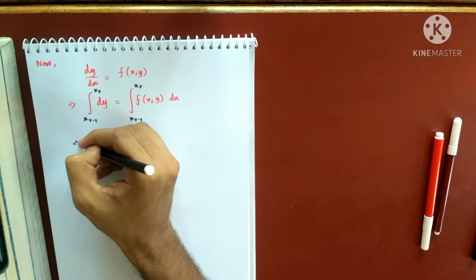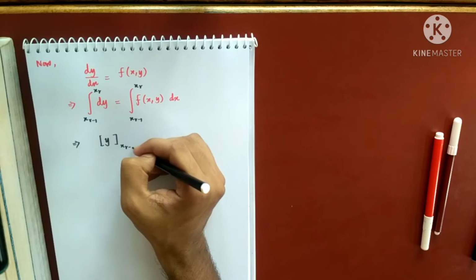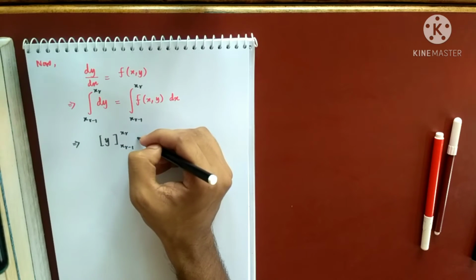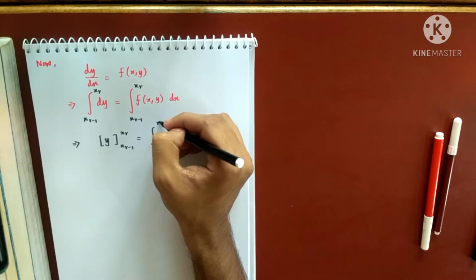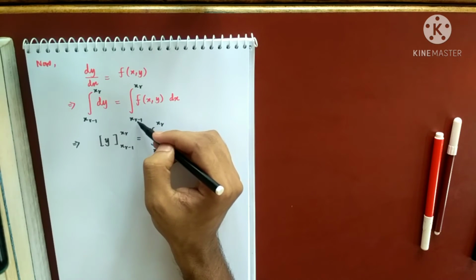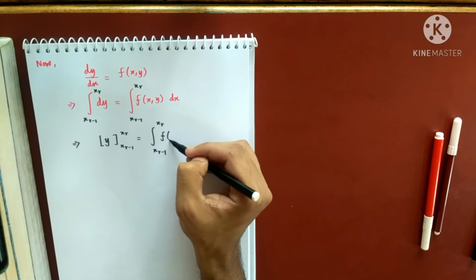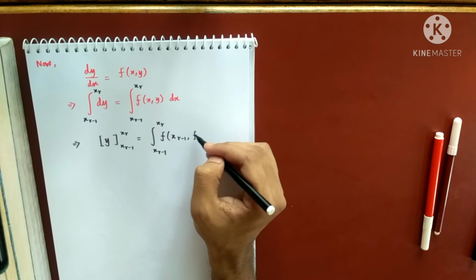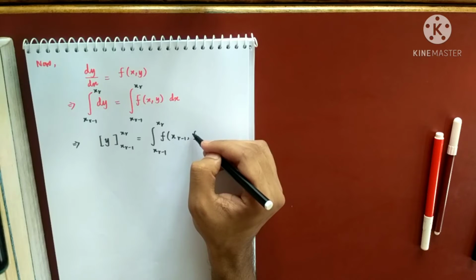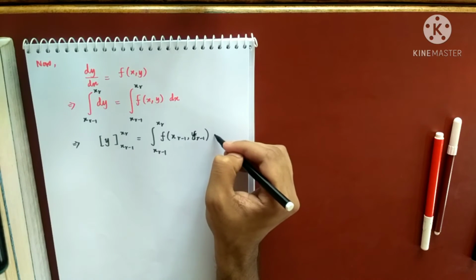So what is the integration of dy? It is just y, from xr minus 1 to xr, and in the subinterval xr minus 1 to xr, the value of this function is f of xr minus 1, yr minus 1. This was Euler's assumption.